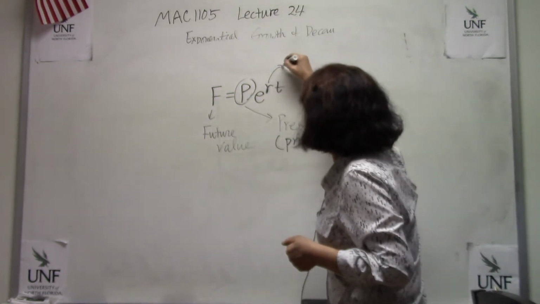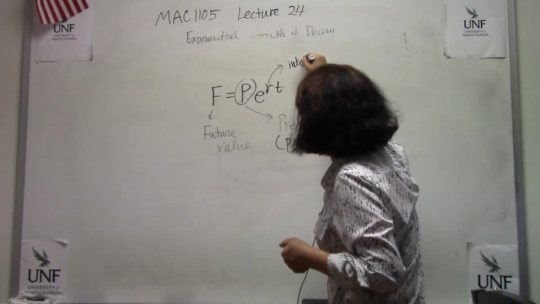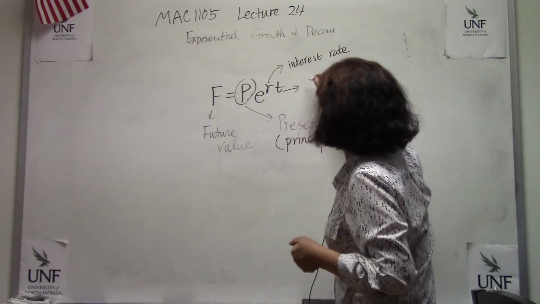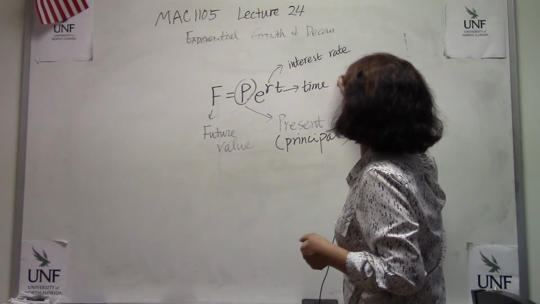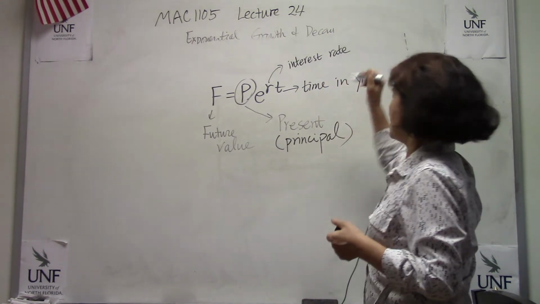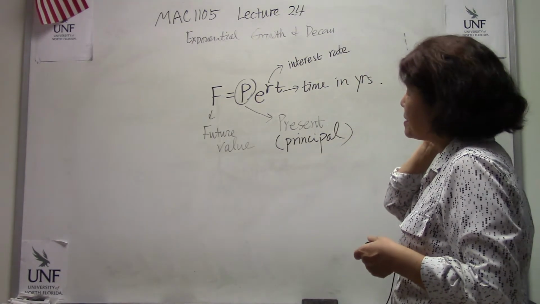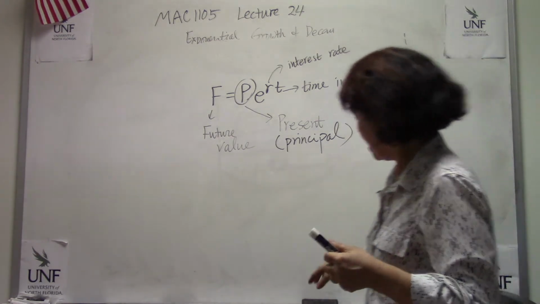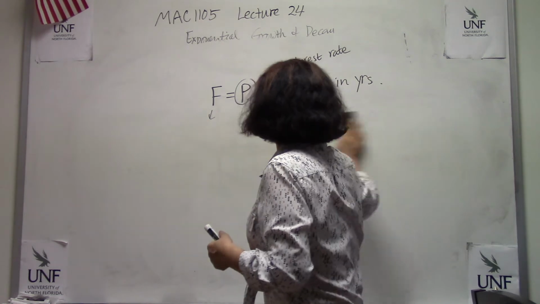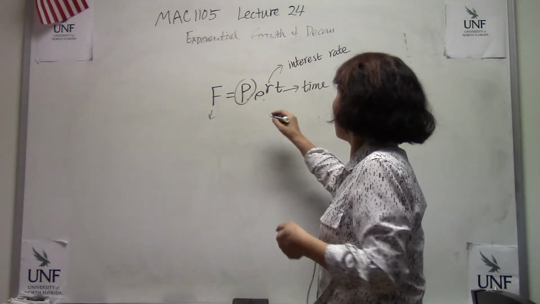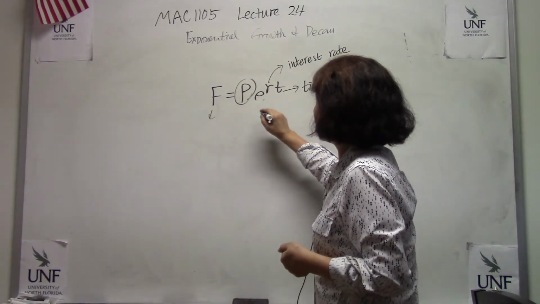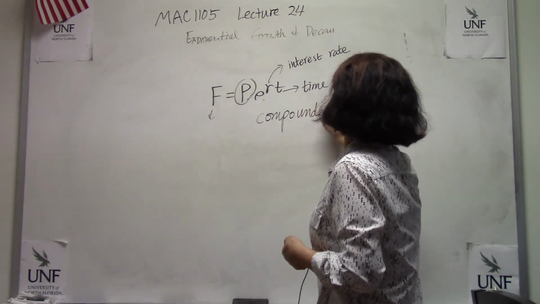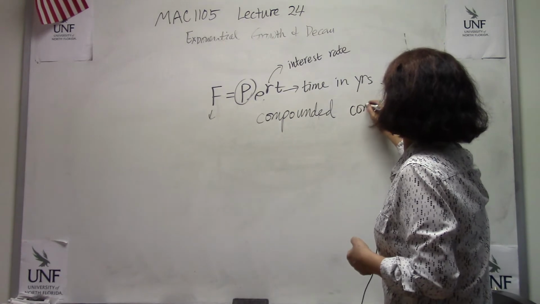And R is the interest rate. And the T is going to be time in years. Yeah, not months or days, okay? And the P is this, okay? When do we use this formula? We use it when the interest is compounded or accumulated continuously.